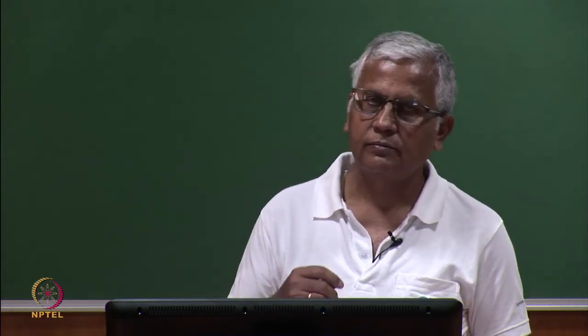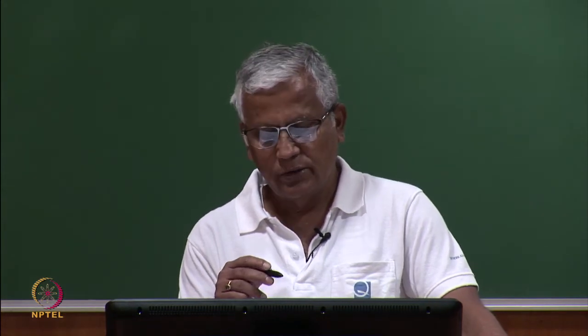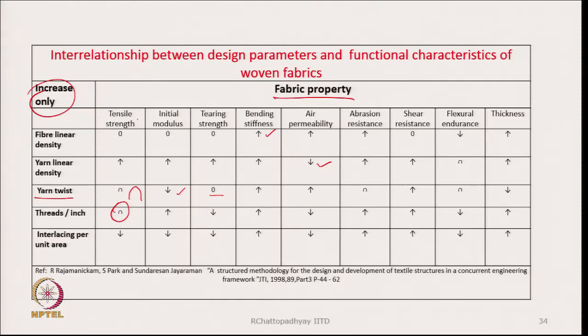Instead of writing in text format, we are basically using some symbols: upward arrow, downward arrow, 0, or inverted U, or it could be U. In some cases we may also have just U. There is no example here where it is U, but whatever I see here is all inverted U, where it is going to increase first and then decrease. Such tables have been used by some researchers, and they are very handy.